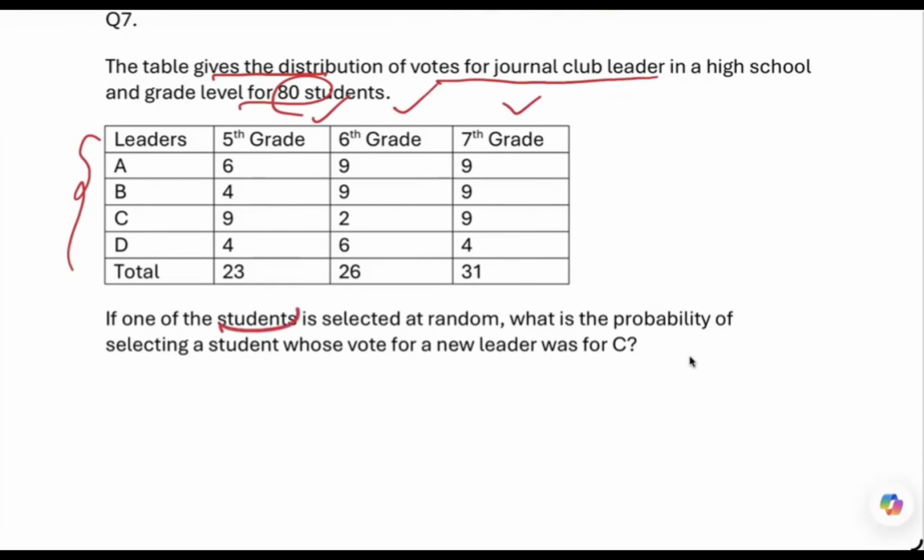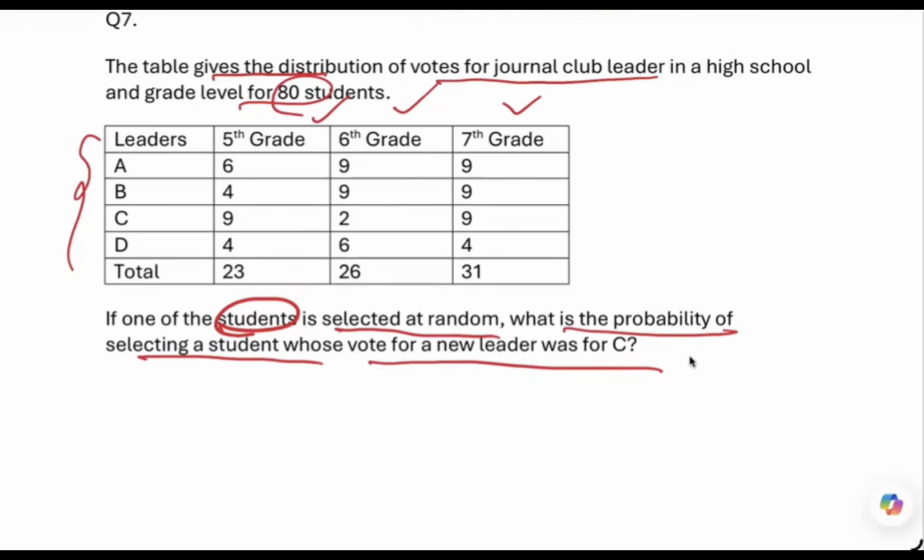If one of the students is selected at random, what is the probability of selecting a student who voted for leader C, right? Think about it. The table gives the distribution of votes for general club leaders in a high school. So there are 80 students from 5th grade, 6th grade, 7th grade. And the leaders were those who were getting the votes.